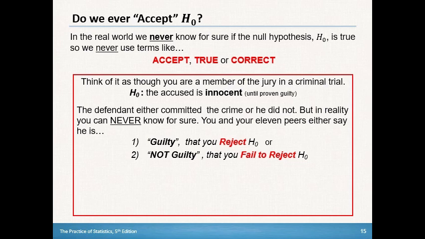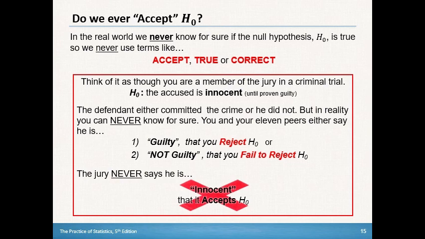You and 11 of your peers can either say he's guilty, which means you reject the null hypothesis, you reject his innocence, or he's not guilty, in which case you fail to reject it, but it's not quite the same as saying he's innocent, right?